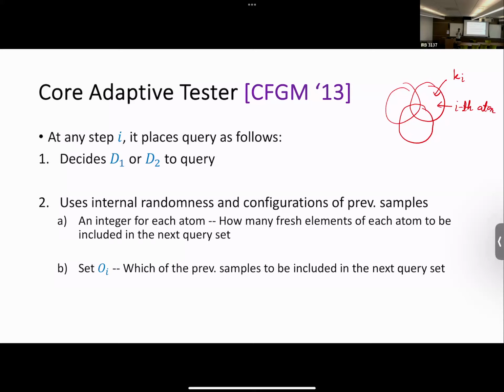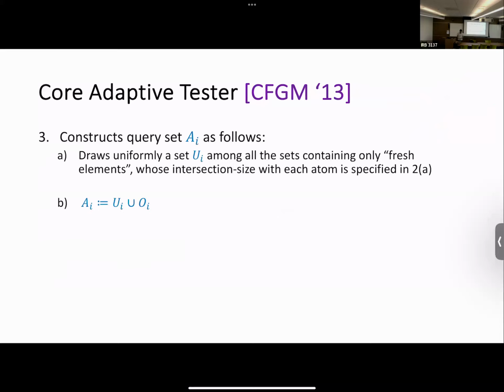How many elements from this atom will be part of this next query set? This is what the algorithm will specify. And second, the algorithm will also specify which of the previously seen samples should be part of the query. These are the two things that the algorithm will specify.